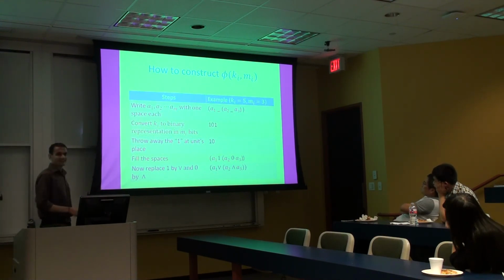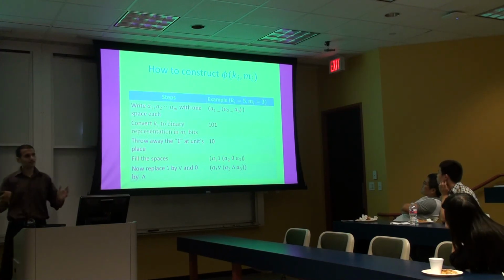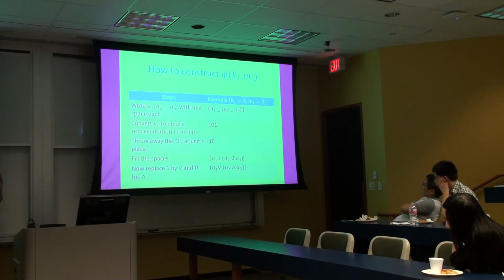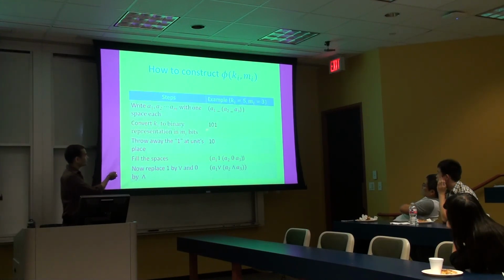This is going to be really tricky. You take ki, you have a binary representation of this in mi bits. Let's say ki is 5, mi is 3. So you had 3 variables, a1 space, a2 space, a3. Keep watching here. We want ki 5.